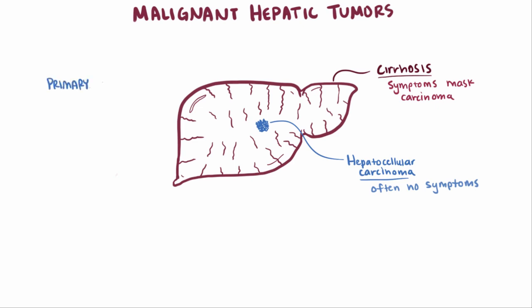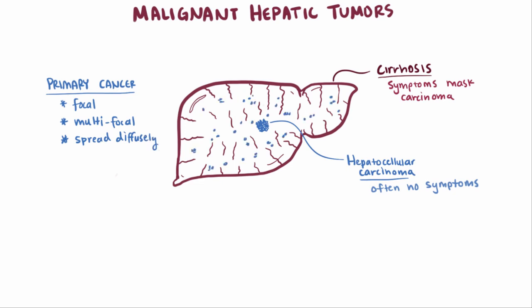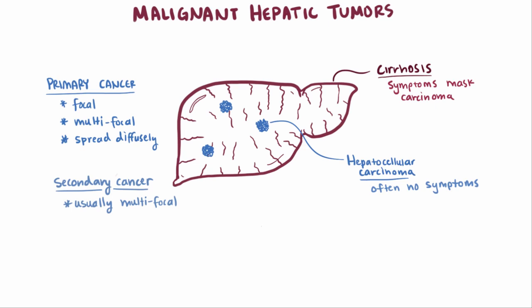And hepatocellular carcinoma is no exception. In general, the cancer might be focal or limited to one area, but it might also have several areas affected and be multifocal, or it could even spread diffusely through the liver tissue and not really have any distinct focal points at all. A classic sign of a secondary hepatic tumor, though, are multiple focal points that can sometimes even be felt on the free edge of the liver.